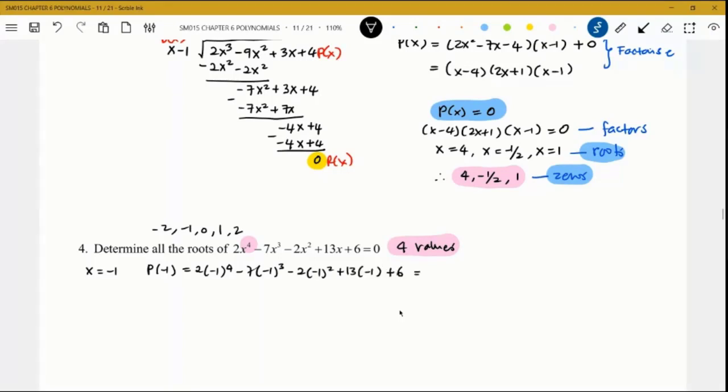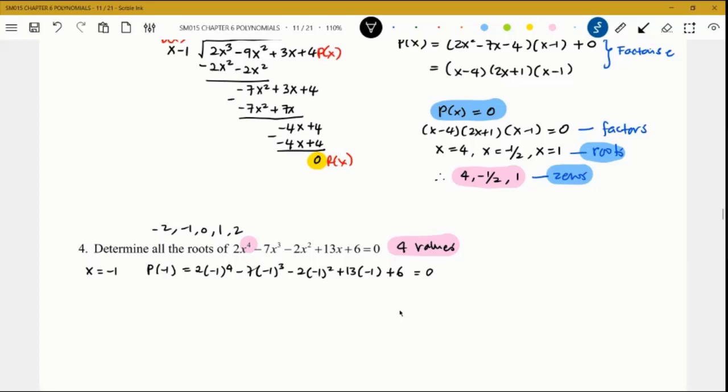Okay, what balance do we get? Do we get 0 for the balance? Yes, Miss. Okay, so we get 0. So it means x equal to negative 1 is one of the roots of P(x).